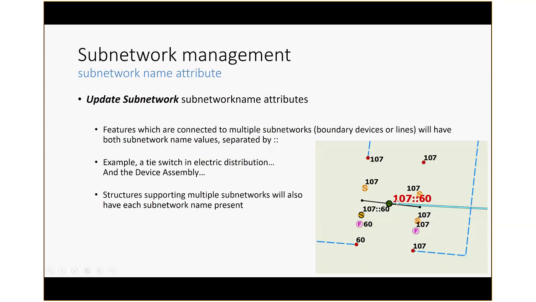That also becomes a very valuable way if you want to locate these features by doing a simple query in the application where subnetwork name contains double colons. You could easily generate a list of all your current tie switches. You could create advanced switching applications to know if I open this switch, this one better be closed so I can rebalance my circuit, or I can open and close valves to do isolations.